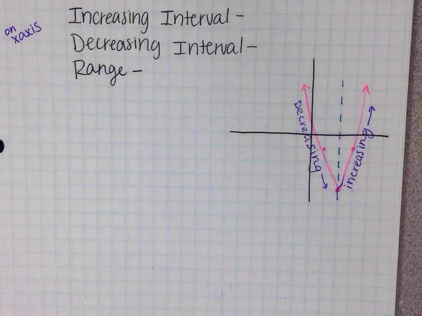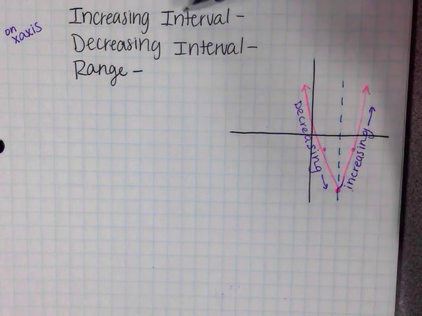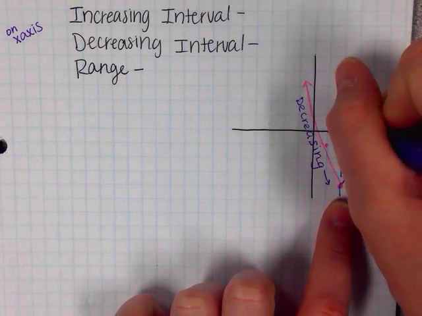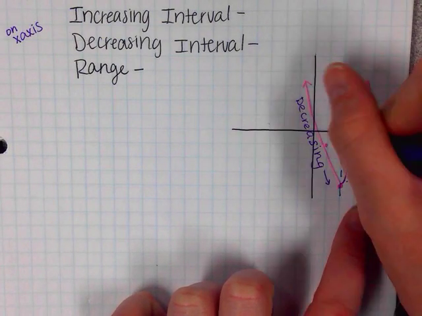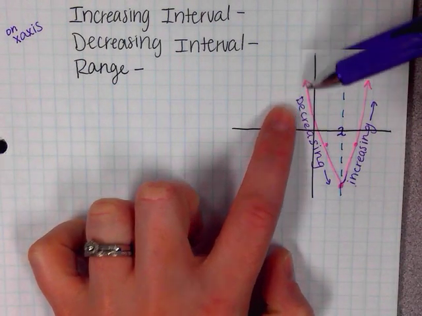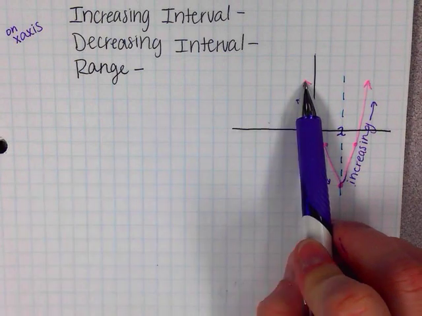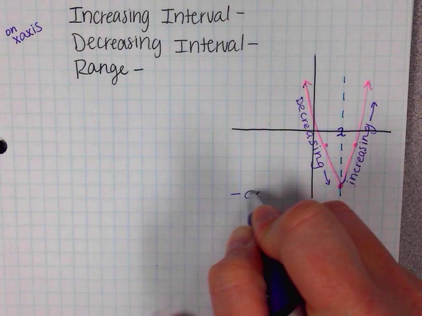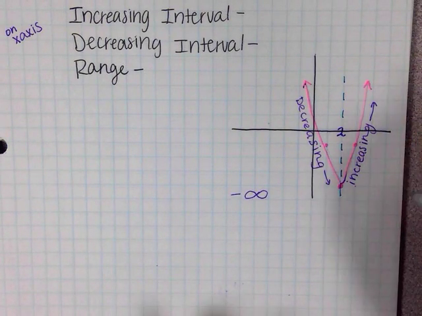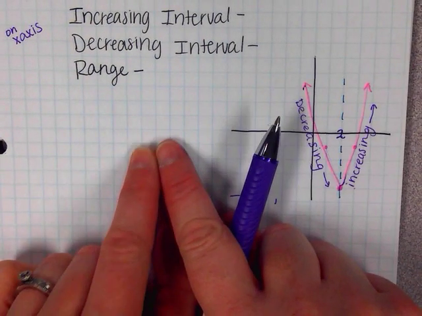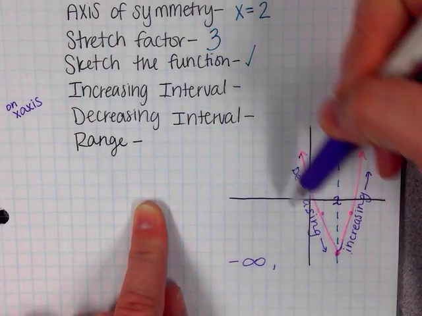Sorry, the video stopped working. So again, on the increasing interval, we're talking about the values on the x-axis. It is decreasing at first, from negative infinity, because it's all the way over here, way up here, and then decreasing to this point.